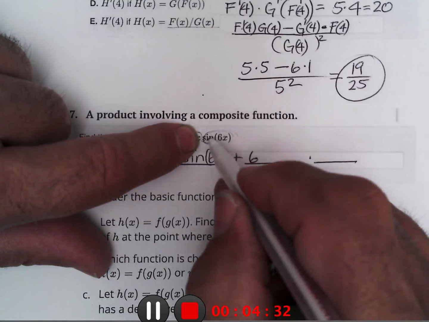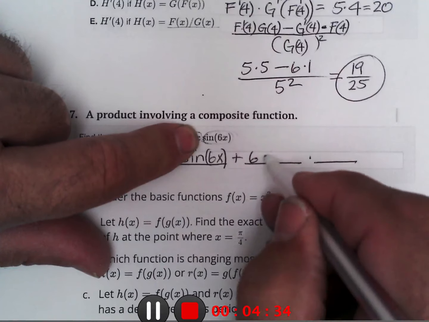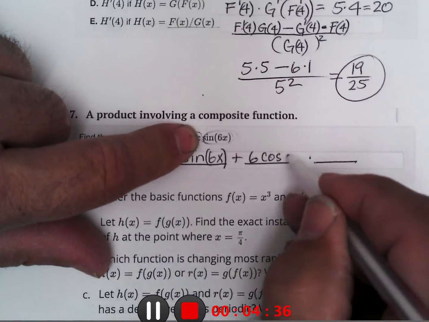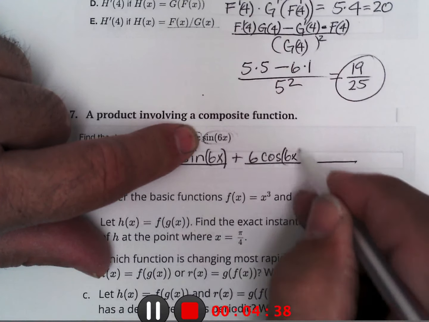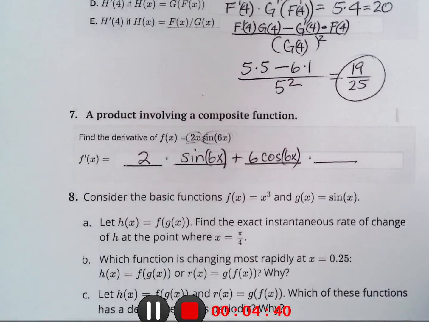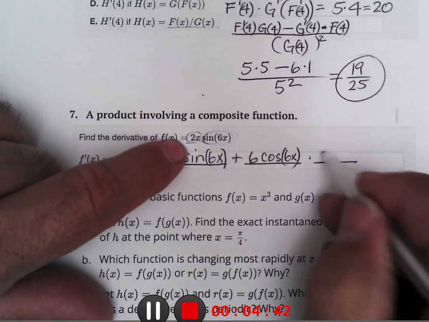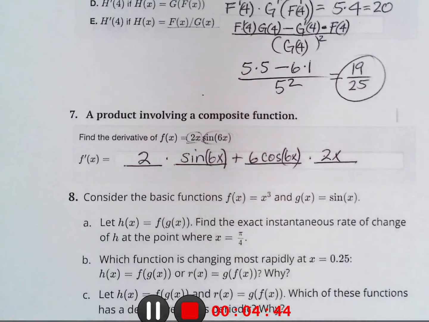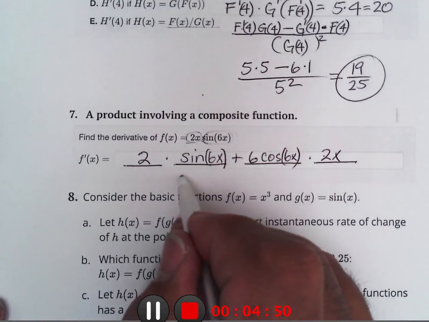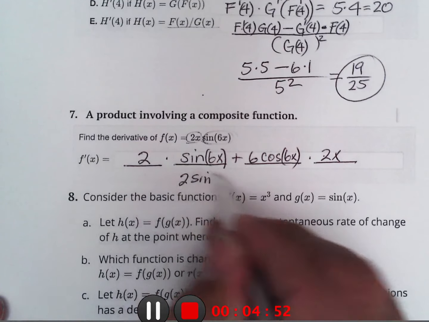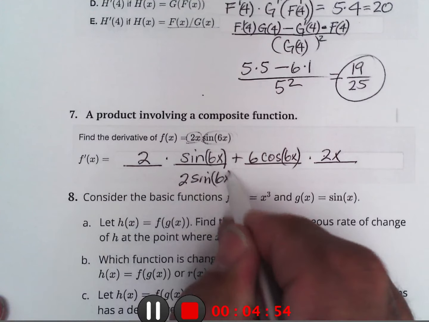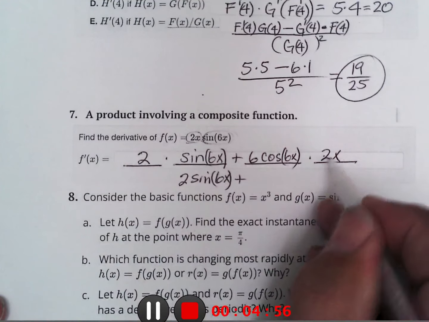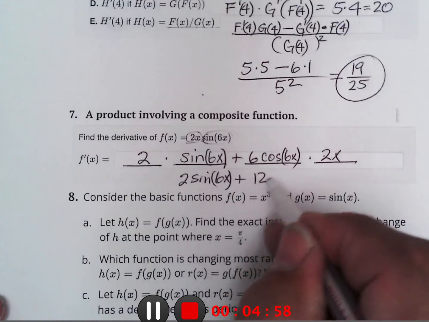Sine of something, its derivative is cosine of the something, whatever was in it, times the first, and that's the derivative. Now, cleaning that up a little bit, that's 2 sine 6x plus 12x cosine 6x.